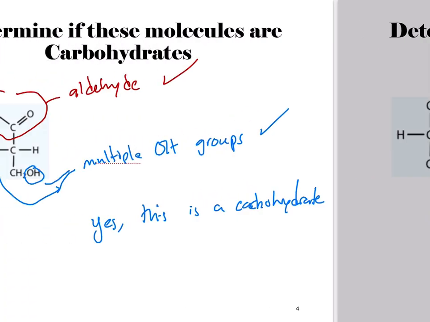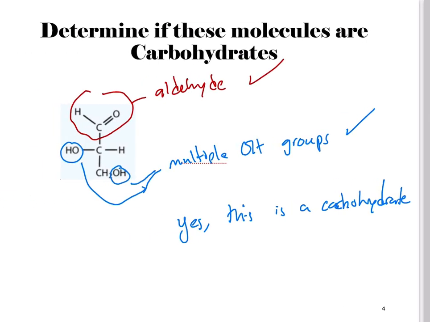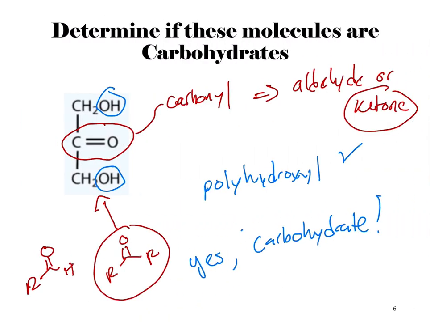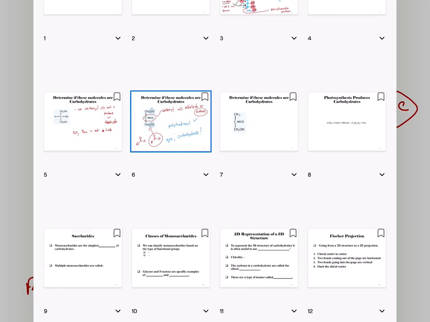Right, so what I'm saying here is this one has the H going up. So that is an aldehyde carbohydrate, and this molecule has a CH2OH going up. And so those are going to be indicative of carbohydrates. Okay, any questions on identifying carbohydrates? Yeah.